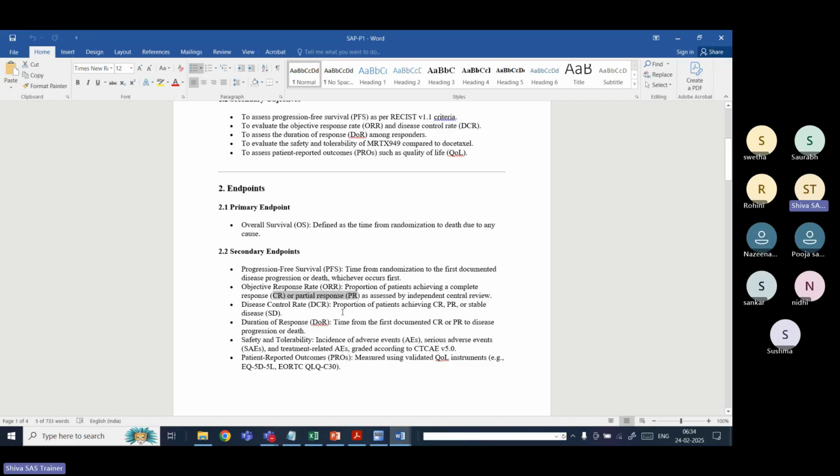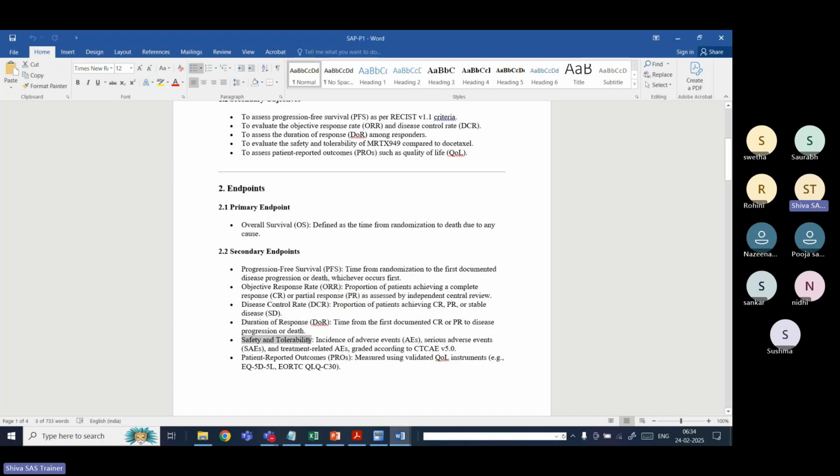Disease control rate is the proportion of patients achieving CR, PR, or stable disease. Duration of response, just read and understand these terms because they repeat in many studies, is the time from the first documented CR or PR to disease progression or death.